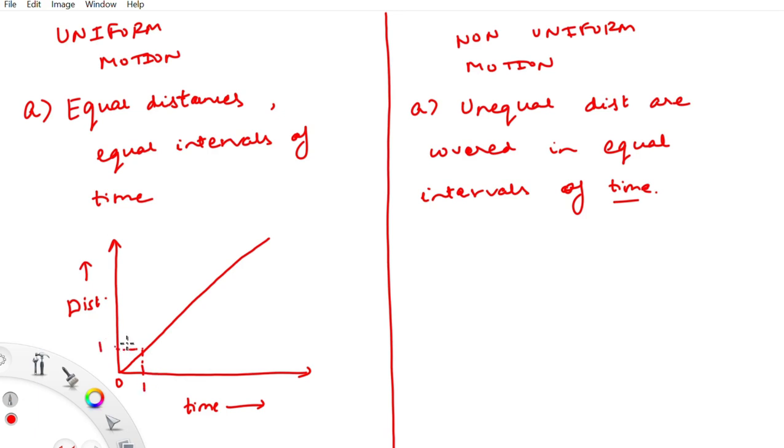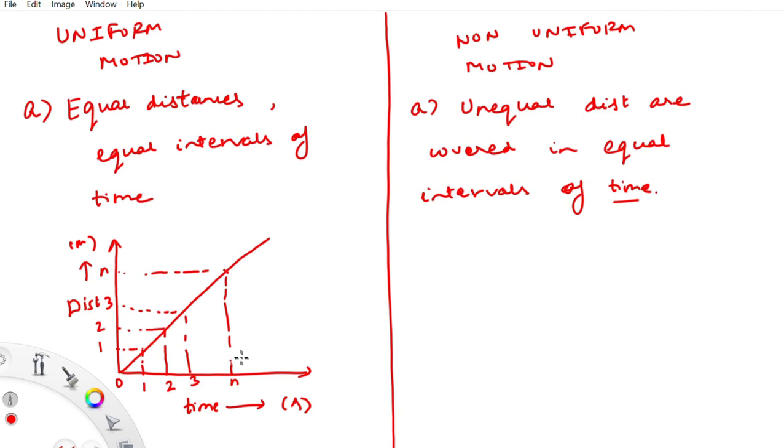Like let's say 1 meter and 1 second. Let's say this is in second, this is in meter, then 2 meters and 2 seconds. Similarly, you have 3 meters and 3 seconds, and then n meters and n seconds.